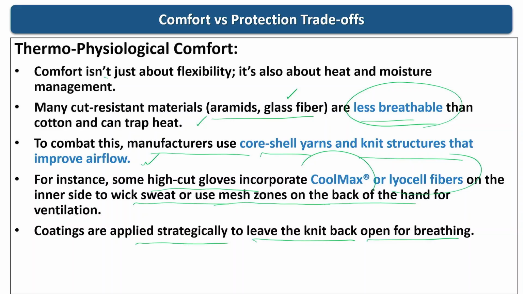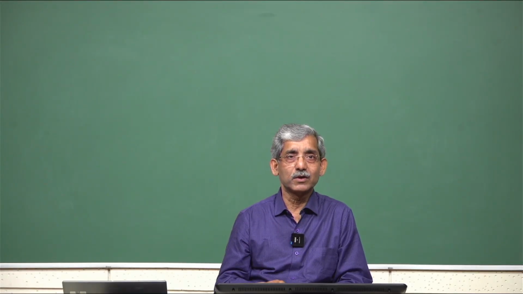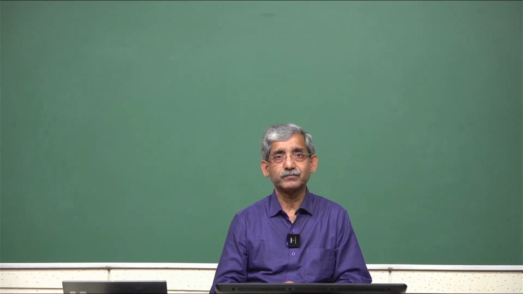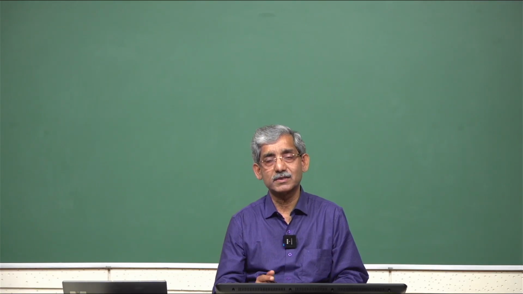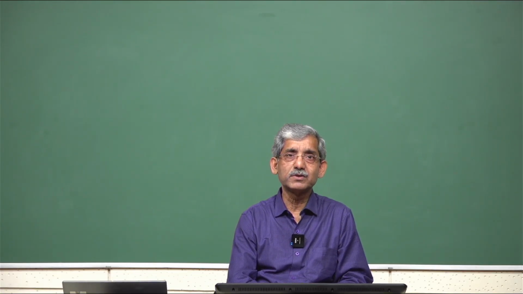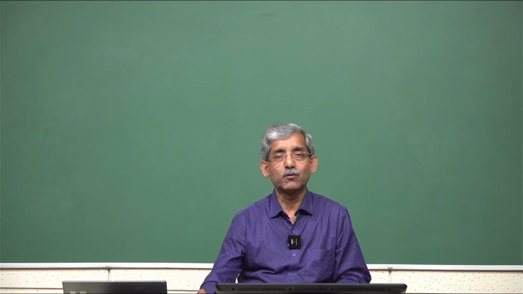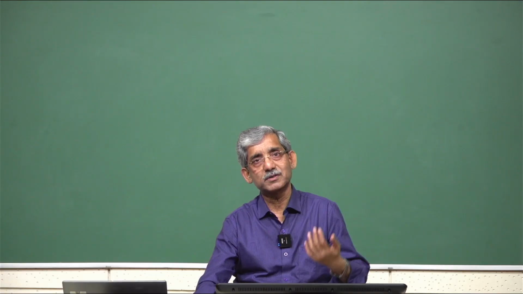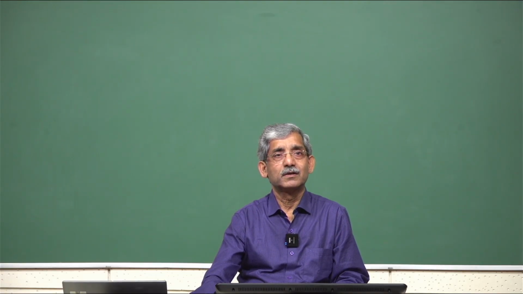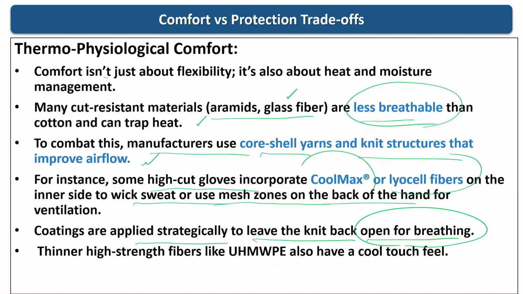Where basic protection is required, high protection is required, there only we use the coating, but the remaining portion we leave as it is, that knit or woven fabric, and that is kept open for breathing, proper breathing or moisture vapor transmission should be there. Thinner high strength fibers like ultra high molecular polyethylene also have a cool touch feel.